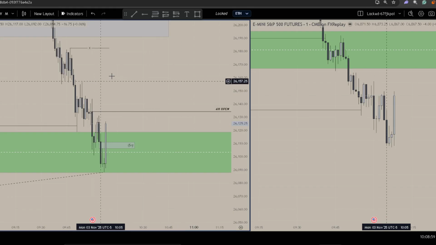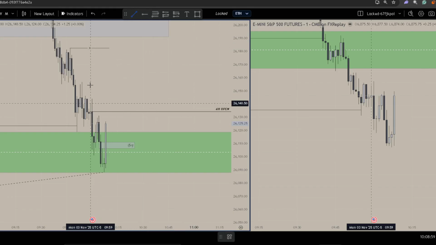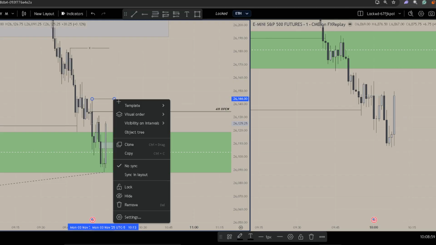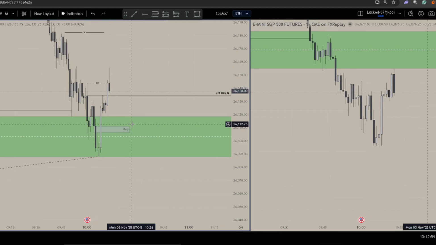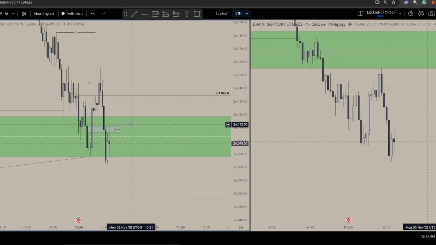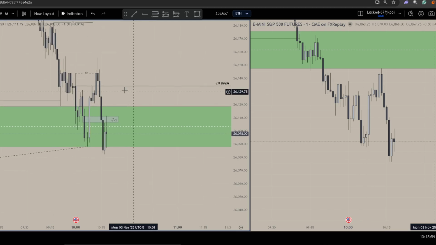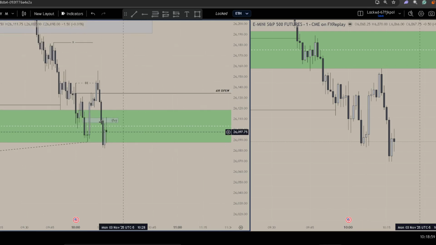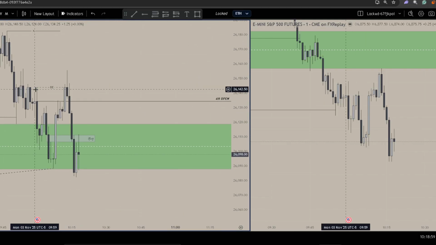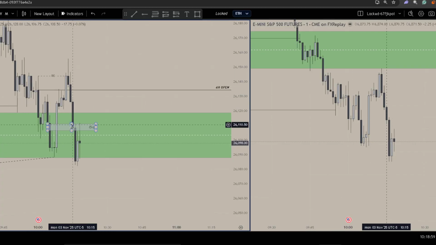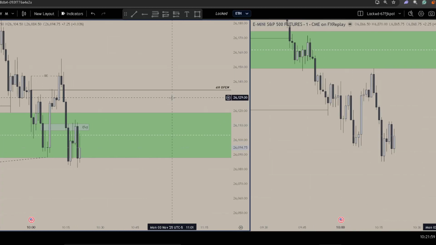IFVG. Break even will probably be right here. Let's see how this plays out. Okay. This would have been a no trade because we hit my break even before even tapping me in, so I wouldn't even have taken this. Boom.